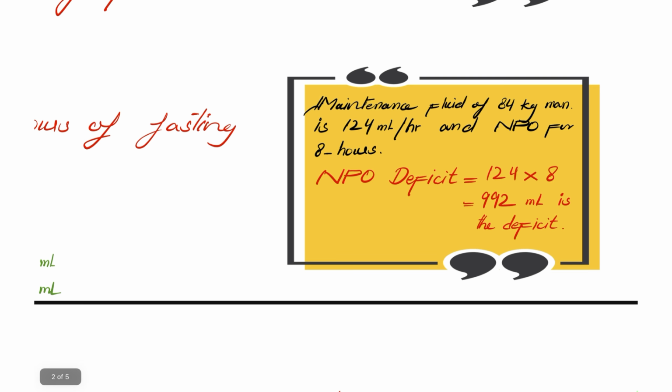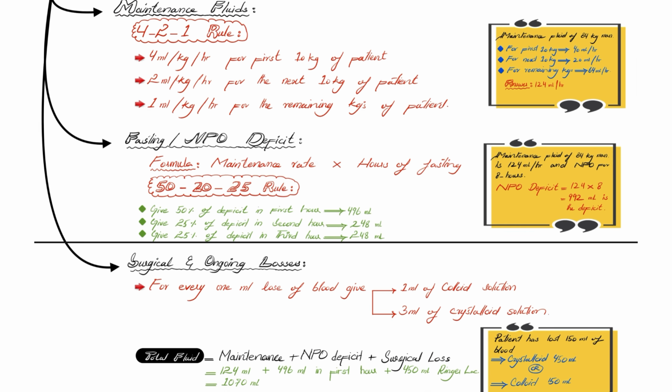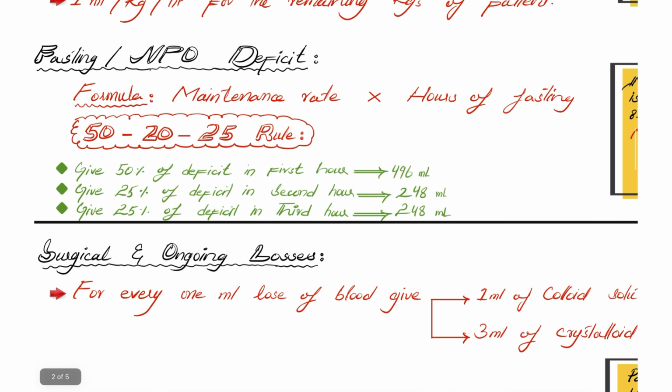So for instance, if the maintenance fluid of the 84 kilogram man is 124 milliliter per hour and we have kept the patient NPO for 8 hours, then the NPO deficit is 992 milliliter.